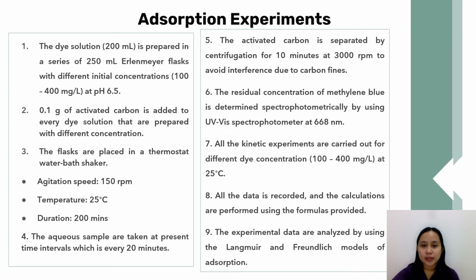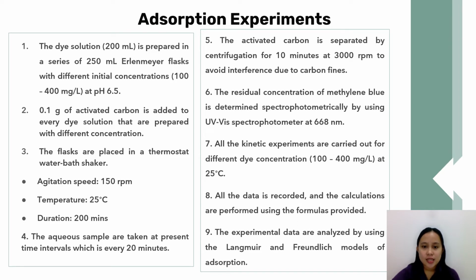The aqueous samples are taken at preset time intervals, which is every 20 minutes. The activated carbon is separated by centrifugation for 10 minutes at 3000 rotations per minute to avoid interference due to the carbon fines. The residual concentration of methylene blue is determined by using a UV spectrophotometer at a wavelength of 668 nanometer.